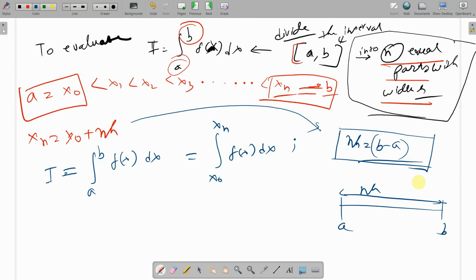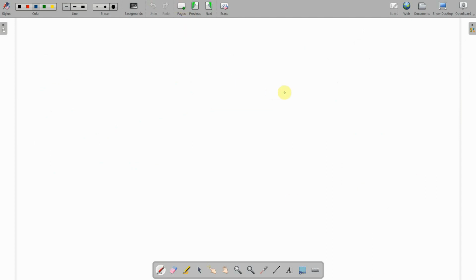Now we'll be using our old known formula, the Newton's forward interpolation formula.